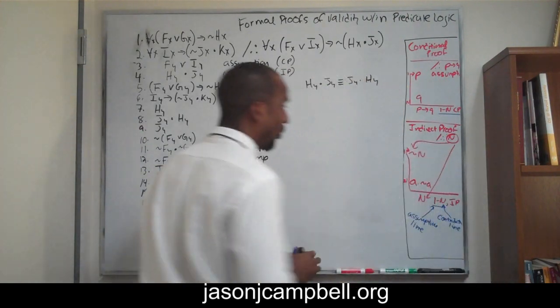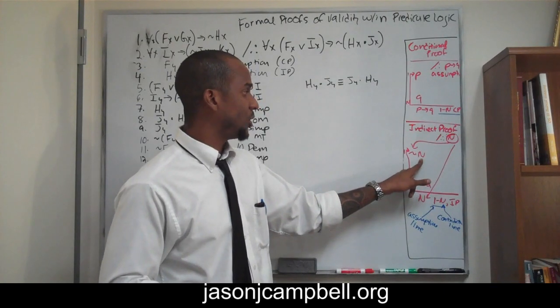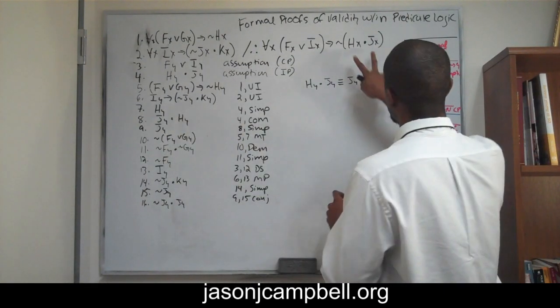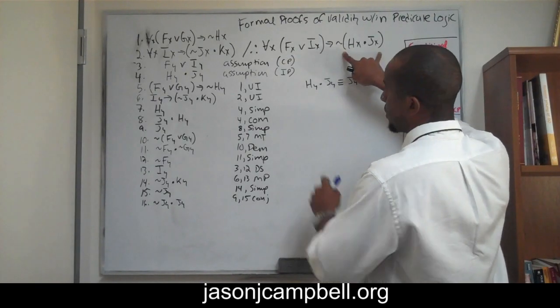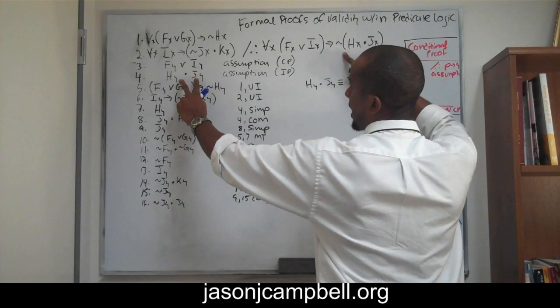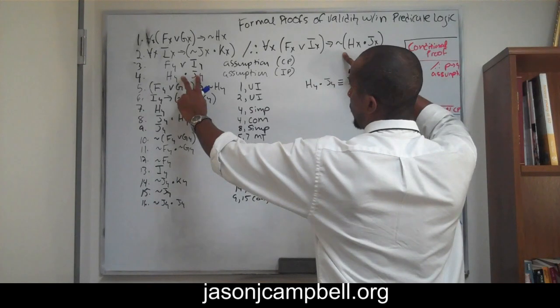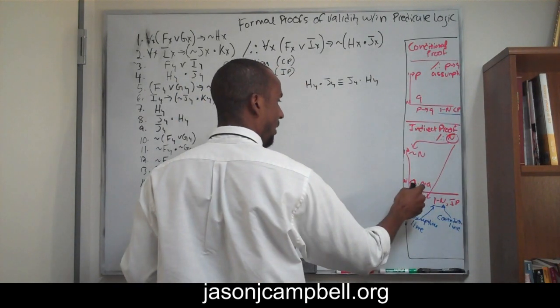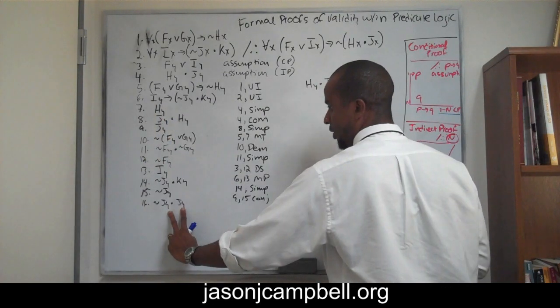Remember, as we said before, the whole point is we make an assumption of the negated conclusion. We make an assumption of its negation. Here's our consequence, here's the negated consequence. From this assumption, just like here, we were able to derive a contradiction. Here's our contradiction.